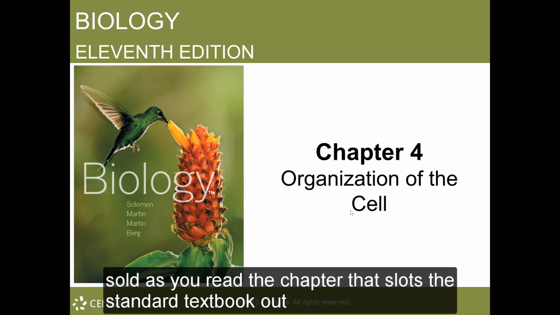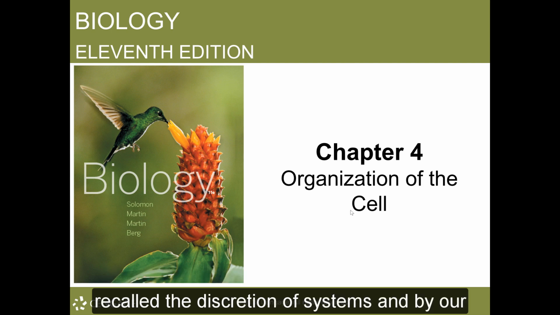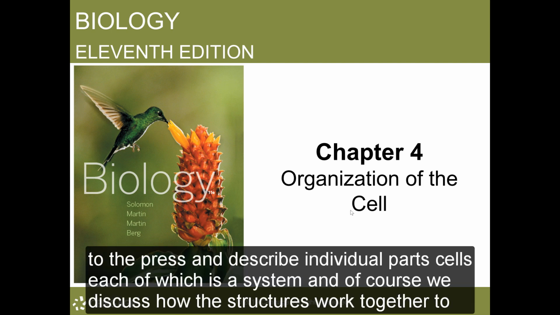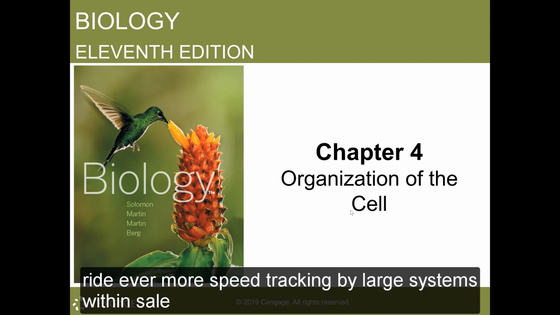As you read the chapter, yes class, please have your textbook out, recall the discussion of systems in biology. This came from the first chapter. Even as we describe individual components of cells, each of which is a system, we of course discuss how these structures work together to generate ever more complex interacting biological systems within the cell.